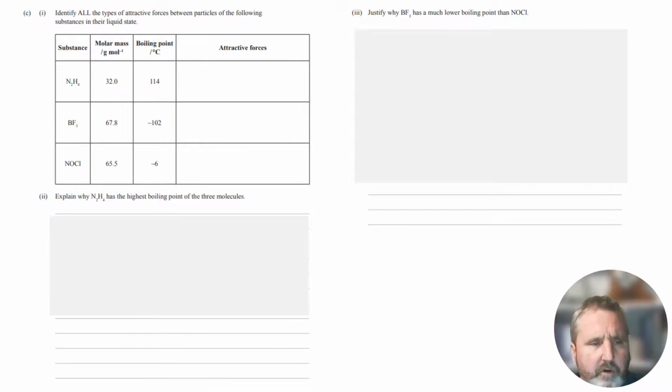If a hydrogen is bonded to them, it makes a hydrogen bond. Because it has a hydrogen bond, it could also have some permanent dipole attractions. But in this case, I don't think it does, because this one actually is a symmetrical molecule.